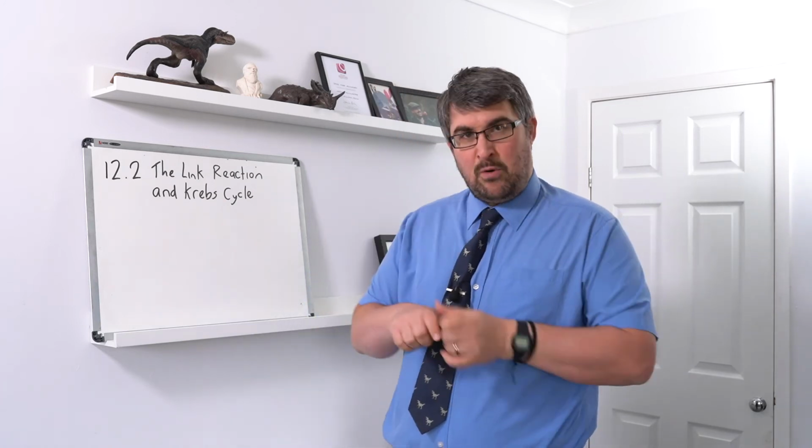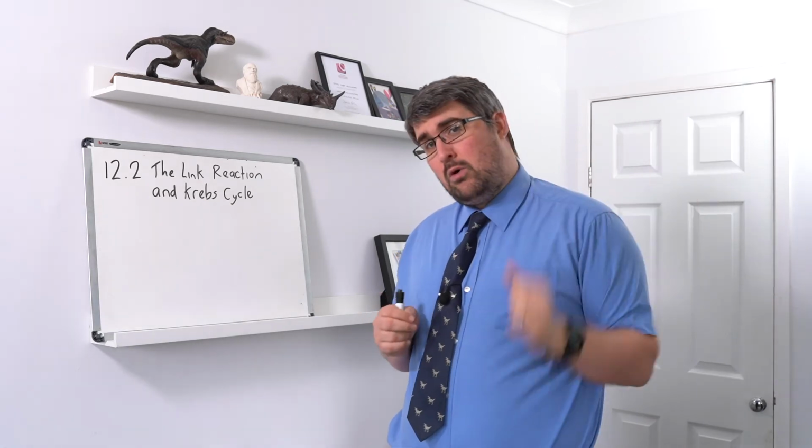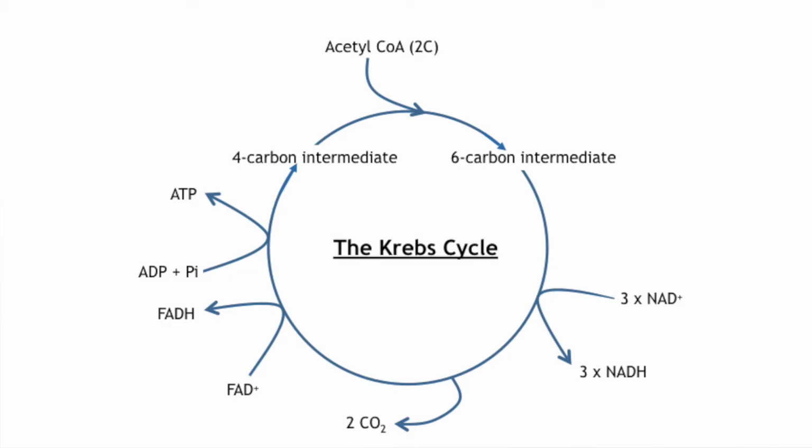So let's summarize this. Let's get a bit of an idea in our head. So acetyl-CoA releases the acetate, which combines with a 4-carbon molecule to make a 6-carbon one. It then loses 2 molecules of carbon dioxide. We reduce 3 molecules of NAD and 1 molecule of FAD, and we synthesize 1 molecule of ATP from ADP and phosphate.